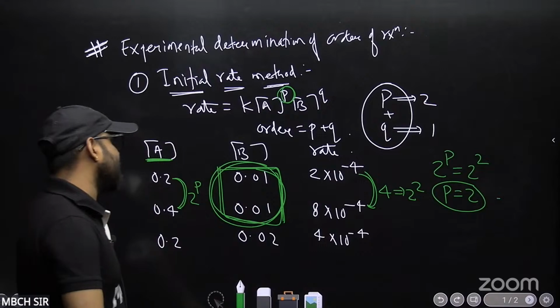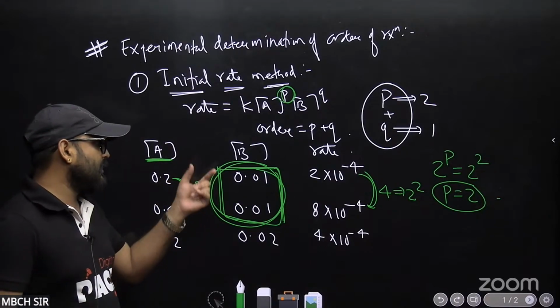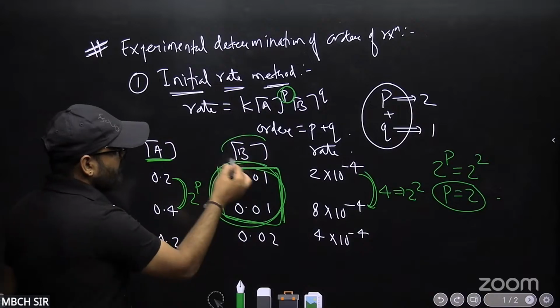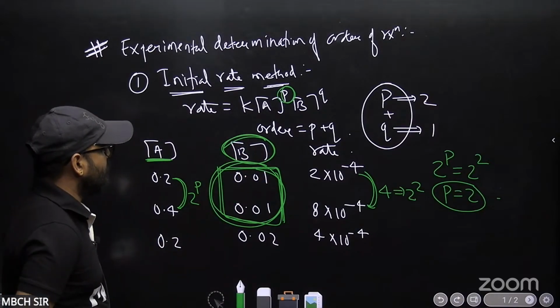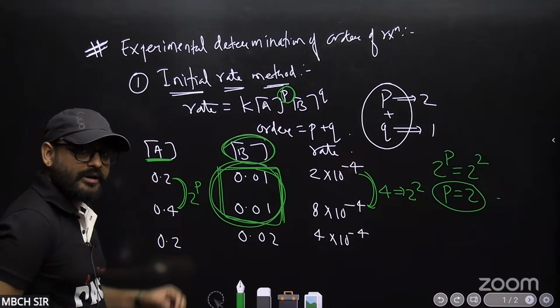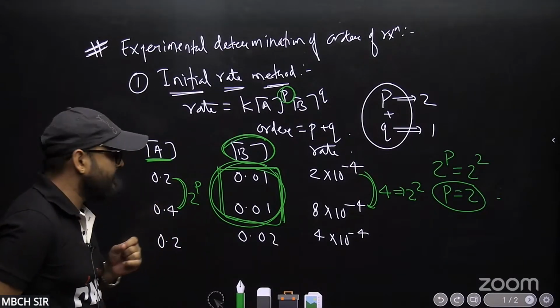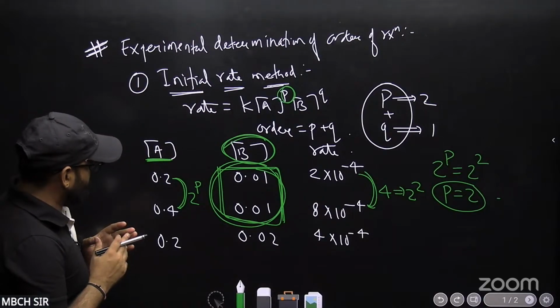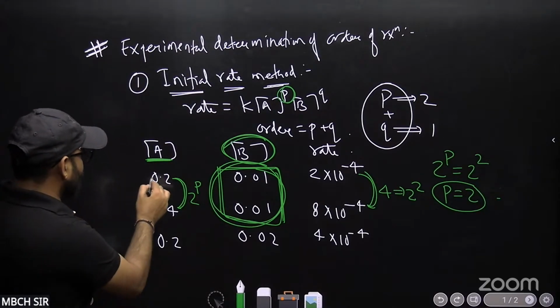In that same fashion, you can calculate B raised to power q. While solving for B, look at the data where the concentration of A is the same. Which data have the same concentration of A? First and third data.